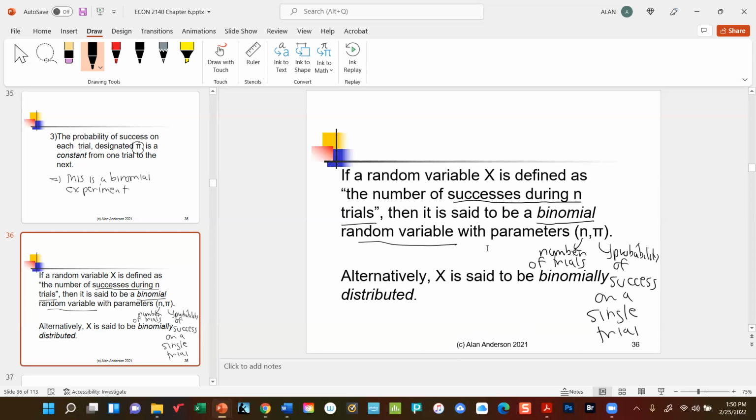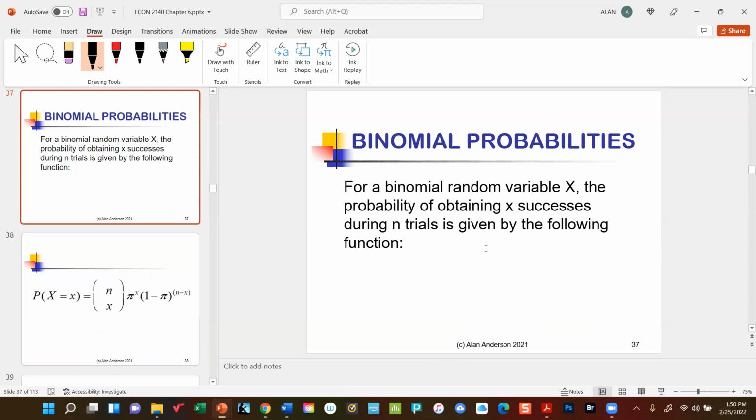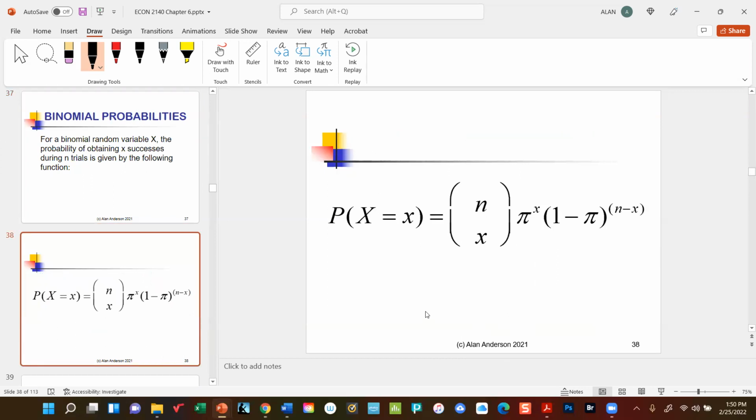All right, so first of all, here's the formula. Now, the only part that's really the least bit tricky is here. What does this thing mean? This term is actually a shortcut. The others are straightforward. We have pi to the x power, 1 minus pi to the n minus x power. And remember, n is the number of trials. X is the number of successes.